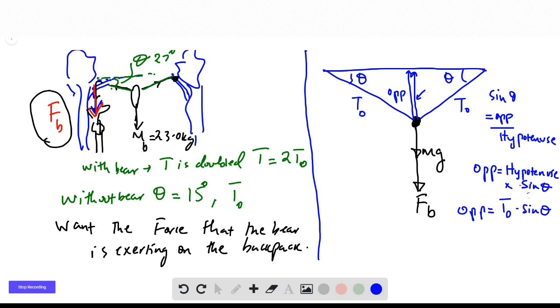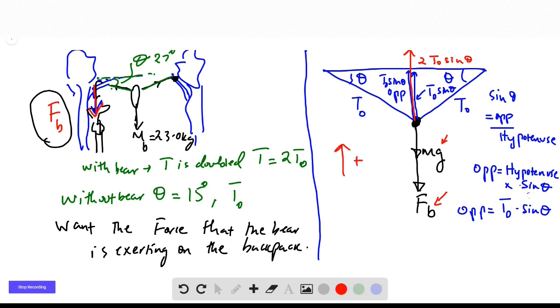Now, on this side we have T naught sine theta, and on this other side we have T naught sine theta. So if you combine both of them to form a single opposing force, it means that the tension that's holding the weight of the backpack and being resisted by the force supplied by the bear, that tension is twice T naught sine of theta, and it's going to be very helpful in solving the problem.